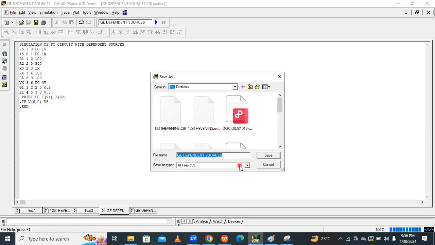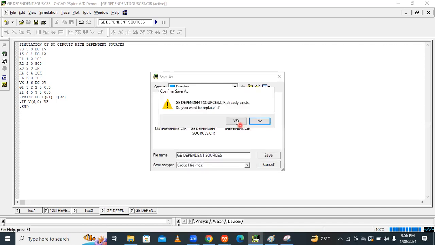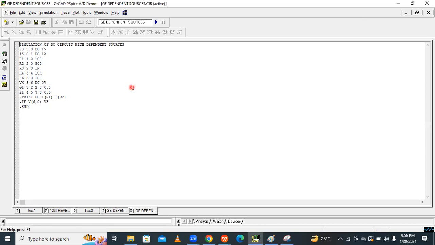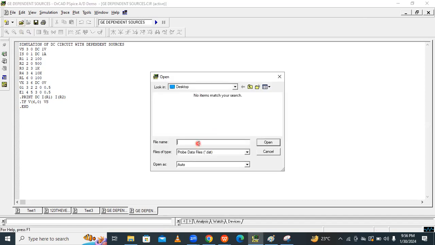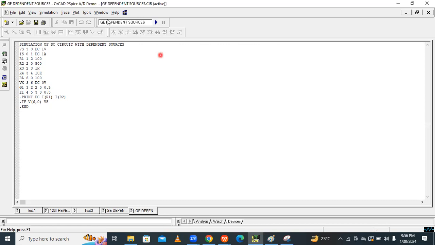Save as type is Circuit File, in the form of .CIR. Then press the open icon, and whatever name you saved the file with, I wrote it like this: dependent sources .CIR. Open, and the name will be displayed in this icon.